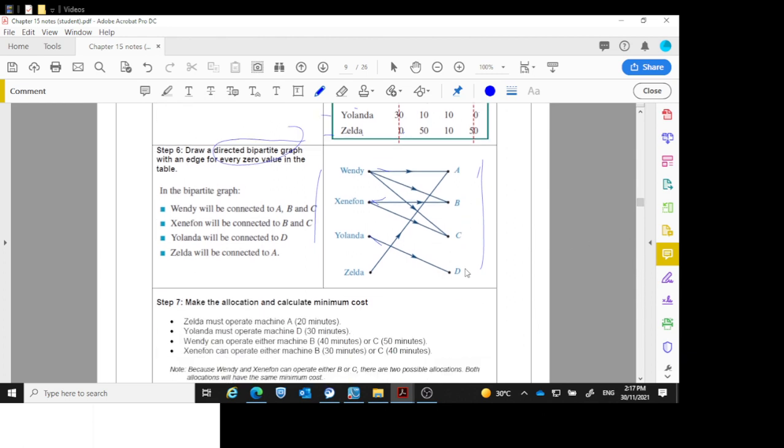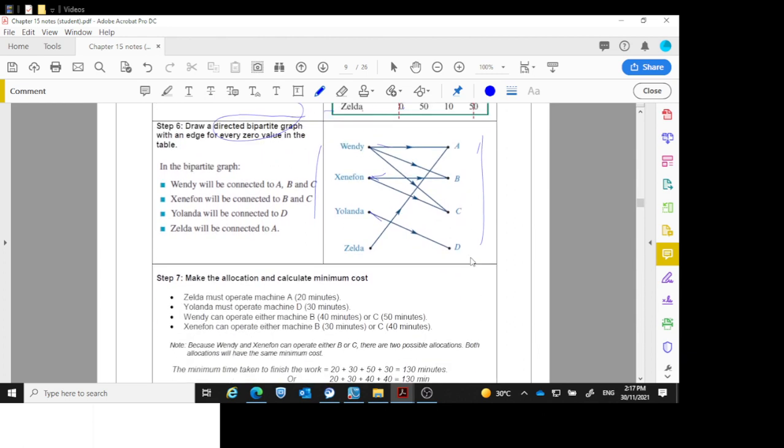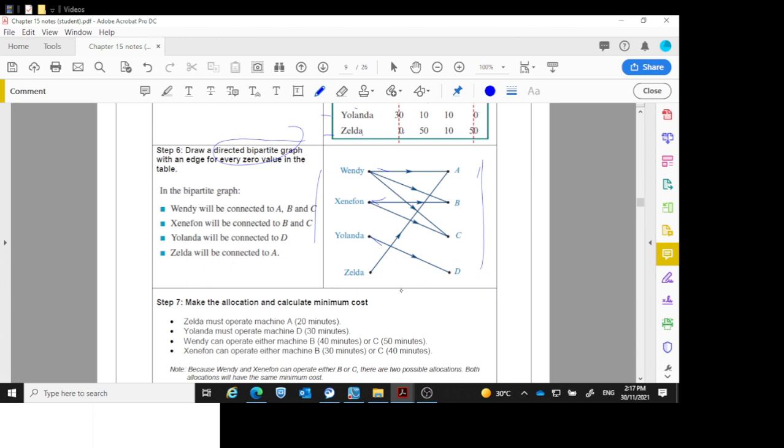Now we're going to do our cost matrix. So instead of writing like that, we're going to go W, X, Y, and Z to... Now Zelda can only go to A. Yolanda can only go to D. That leaves, we'll do Xenophon first, can go to B or C, and Wendy can go to B or C. So it doesn't matter.